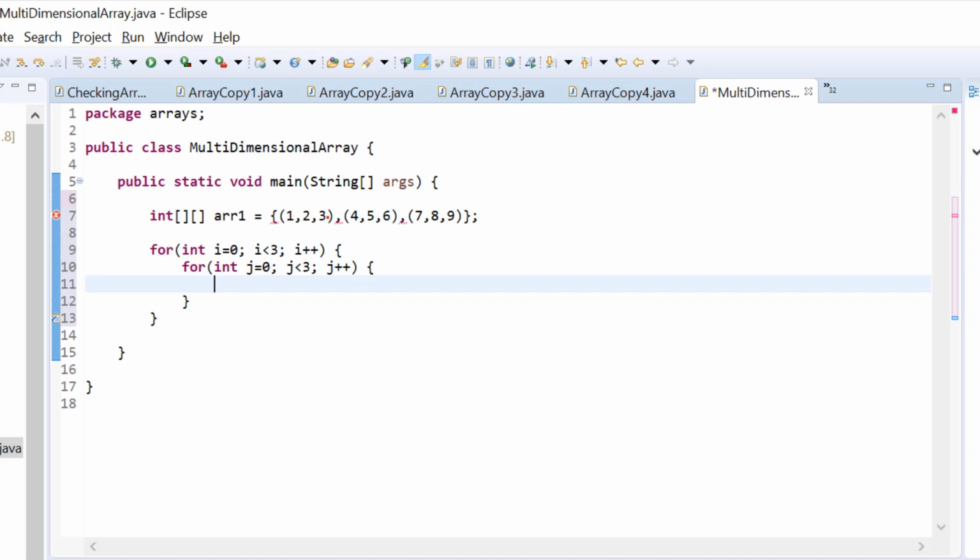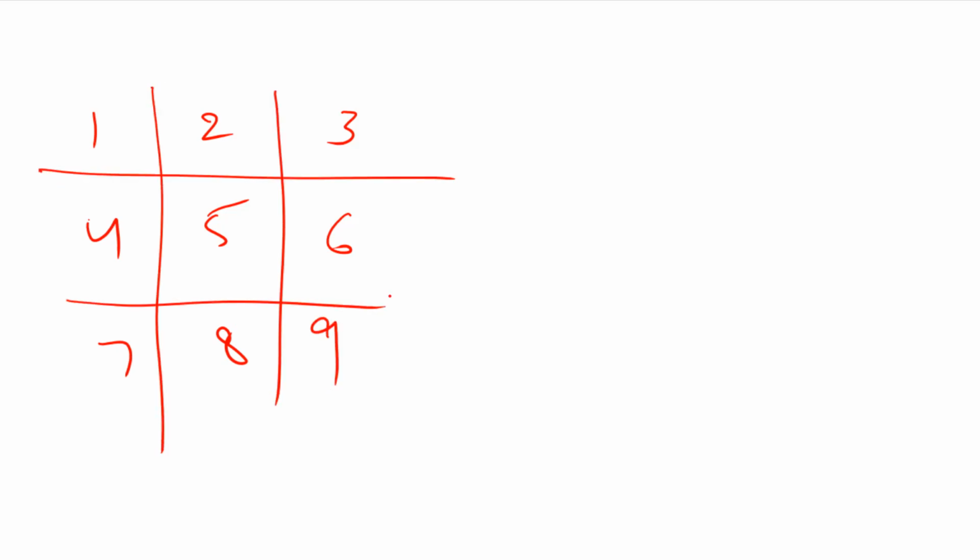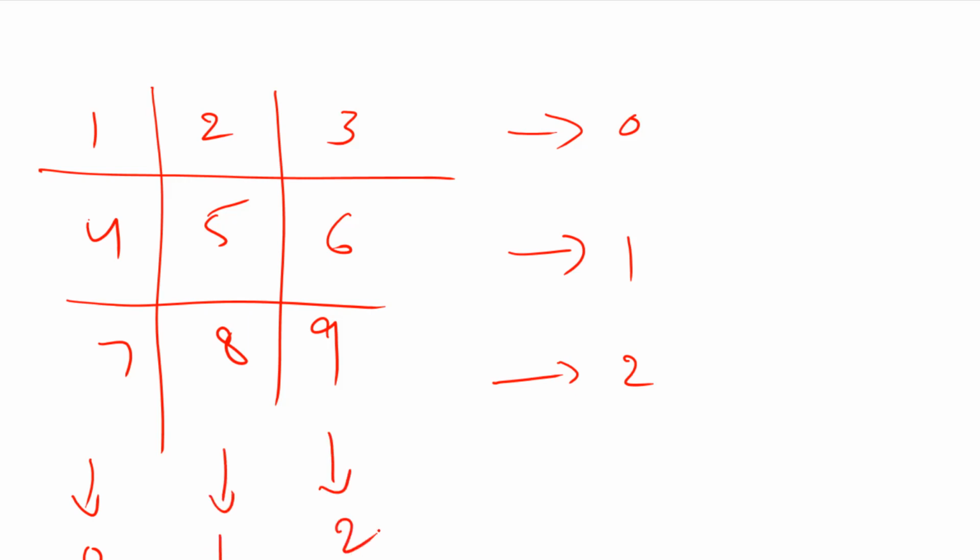So let's say here we have like 1, 2, 3 and then 4, 5, 6 and then 7, 8, 9. So here I have created a multi-dimensional array like this: 1, 2, 3, 4, 5, 6, 7, 8, 9. Okay, so this is 0th row, first row and second row, and this is 0th column, this is first column, and this is second column.